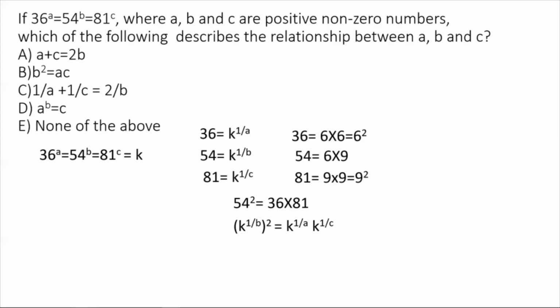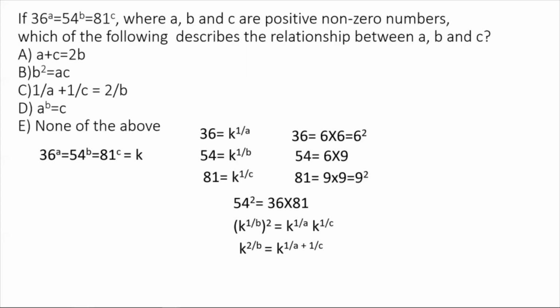So 36 is basically k to the power 1 by a. And then we have 81, which is k to the power 1 by c. And this basically becomes k to the power 2 by b, because when you square, your index gets multiplied by 2. And similarly, when you take the product, your indices get added up.